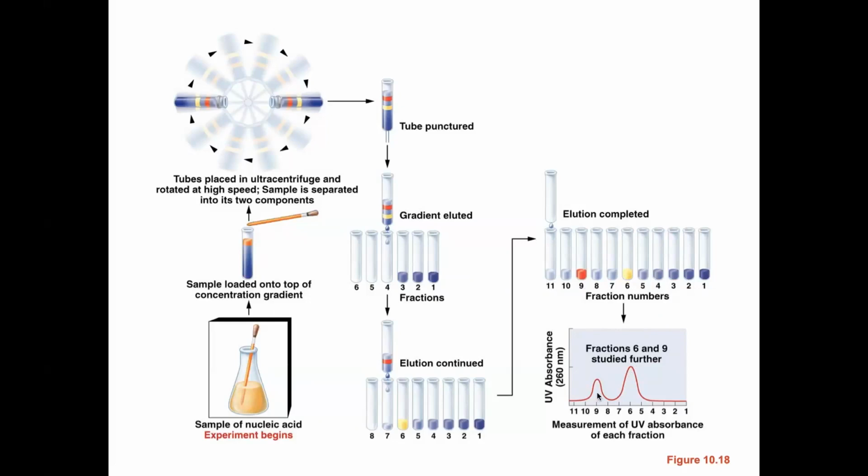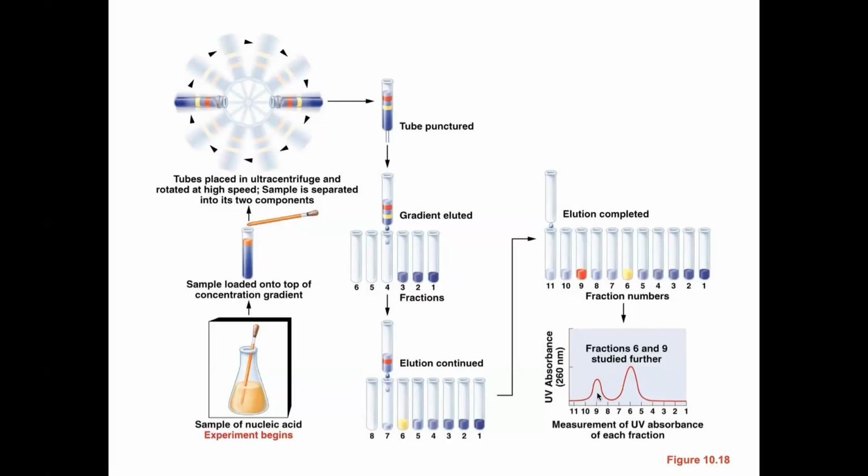Okay, so what's the value of measuring the density of this DNA? As I said earlier, it provides crude information about the basic makeup of that DNA molecule, basic information with regard to the nucleotide composition or the base composition.